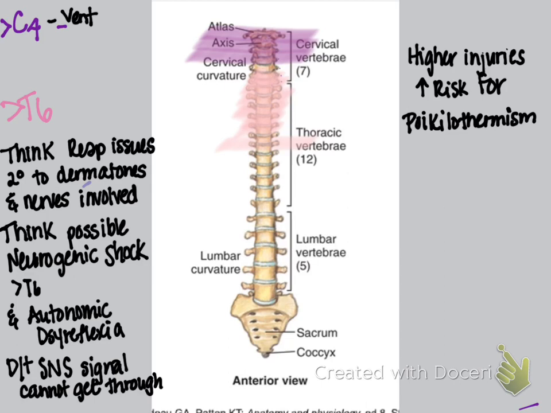They have an inability to sweat or shiver below the level of injury, so make sure that you are monitoring their temperature, and that's really important. And usually the degree depends on the level of injury. So it's really more common with cervical injury and above T6. So keep that in mind as well.